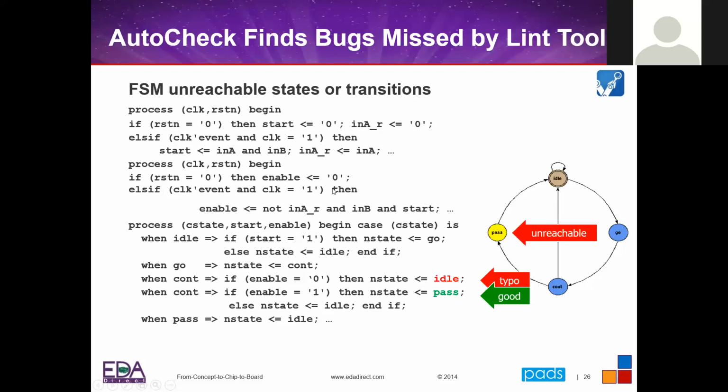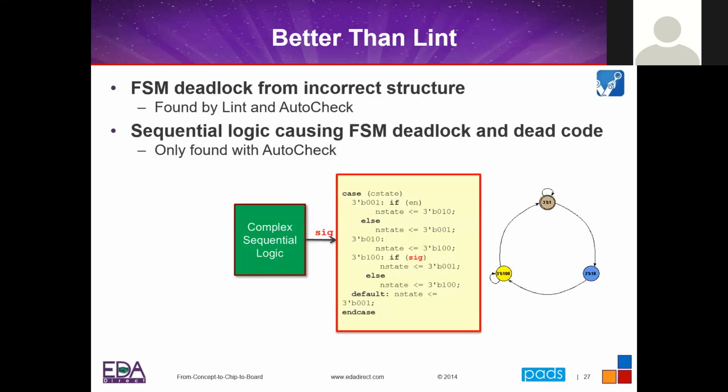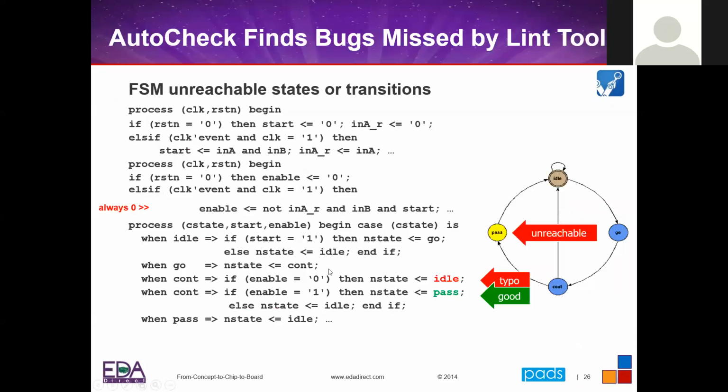And so what'll happen is enable is actually stuck at 0. A static checking tool, like a linting tool, will not find that, and it would say this code is okay. Whereas with our tool, we are looking at that logic and we'll find out that enable is always a 0.